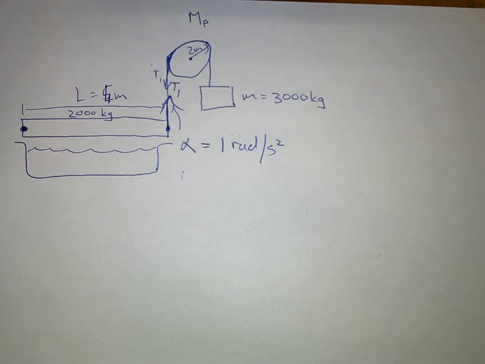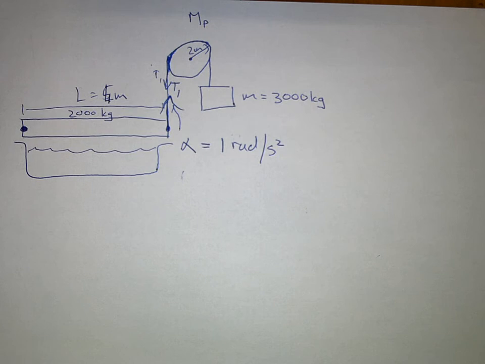So what will make sense: if I know the angular acceleration and I know the moment of inertia, I know the torque on this bridge. There will be 2 forces producing the torque. One will be just the weight of the bridge itself, because if that cable wasn't there, the bridge would fall down into the water.